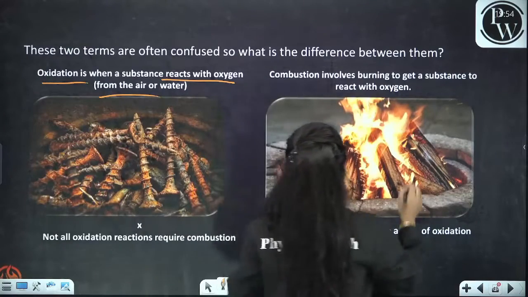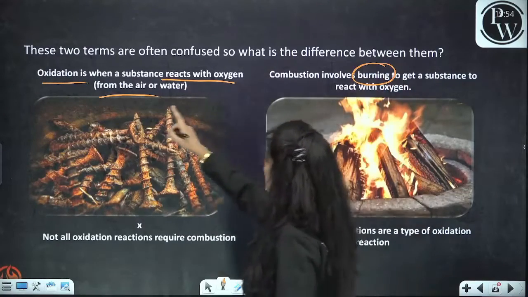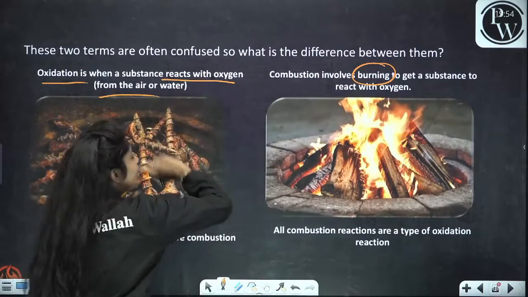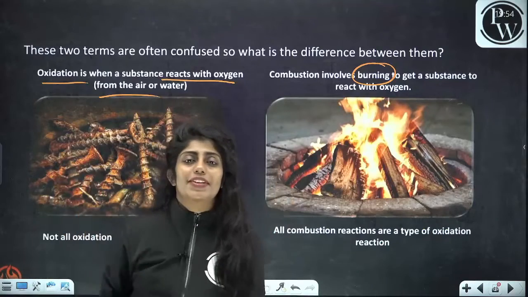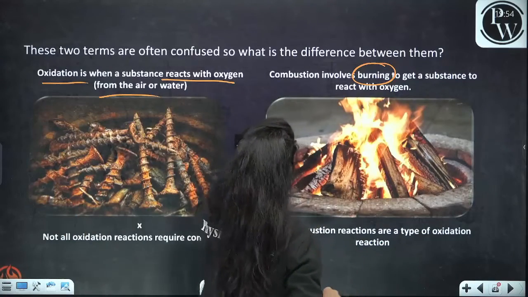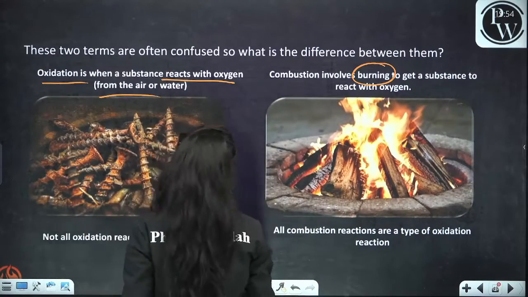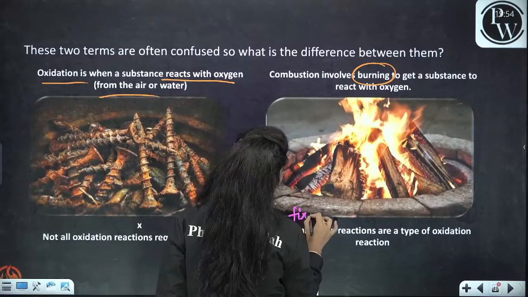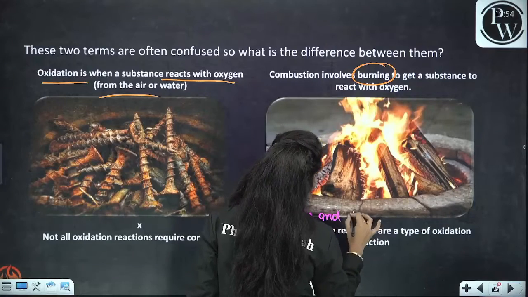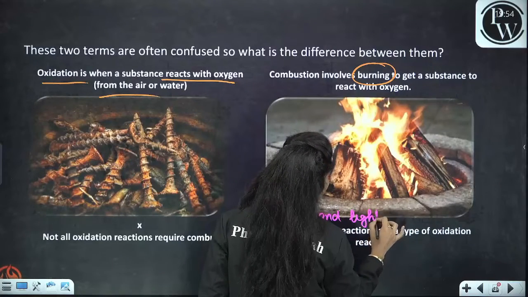Combustion involves burning. Oxidation reacts with oxygen. Combustion involves burning. A big difference. So you can clearly say in combustion you can get products as heat, fire, light.